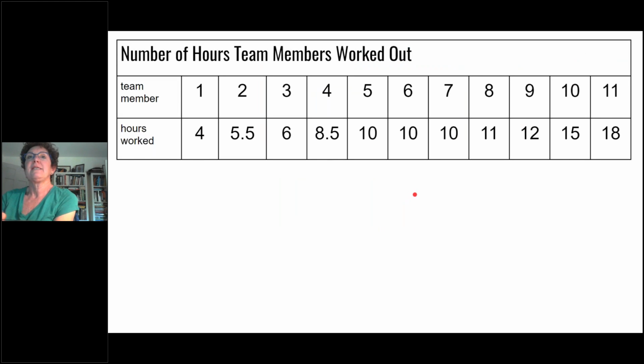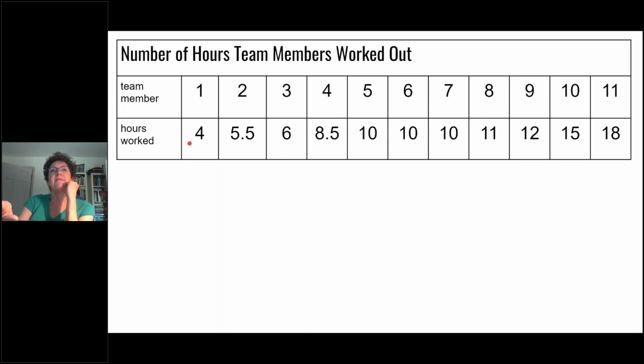So let's see how we might create a box and whisker plot. So this is that same football team. Notice we still have 11 players. And here are the team members.